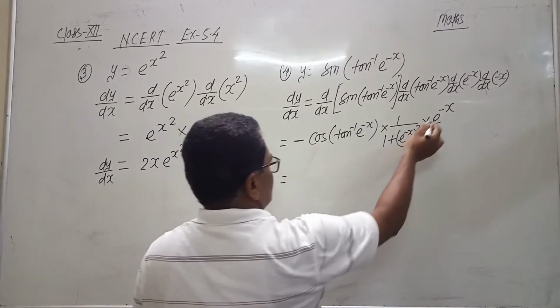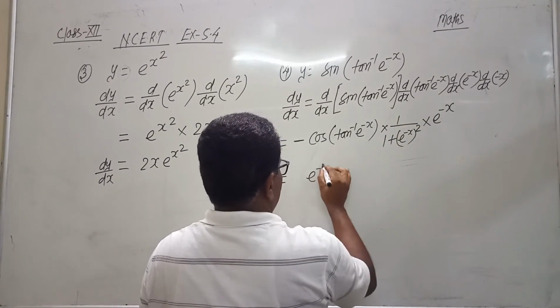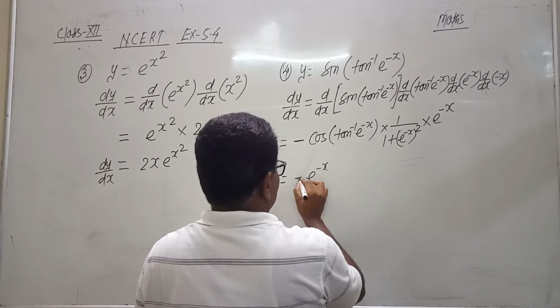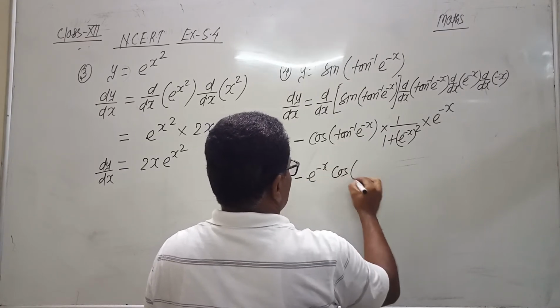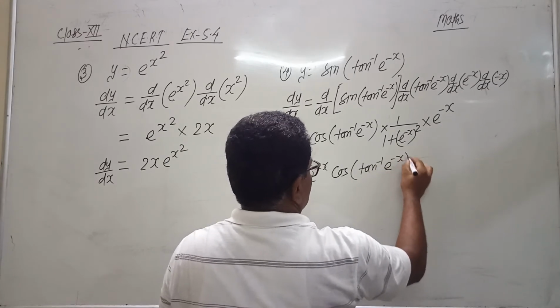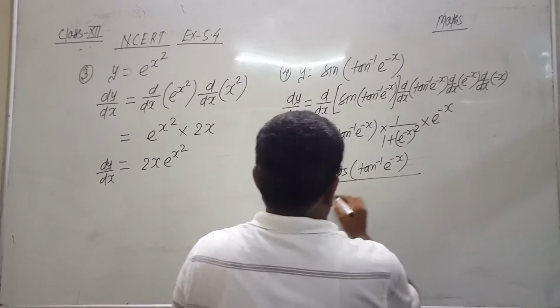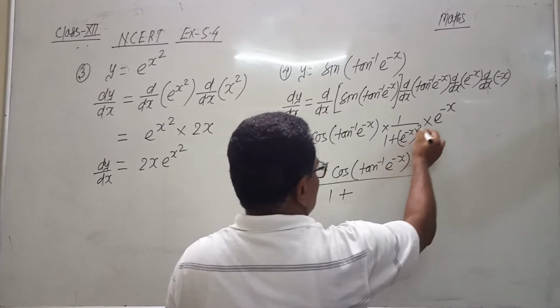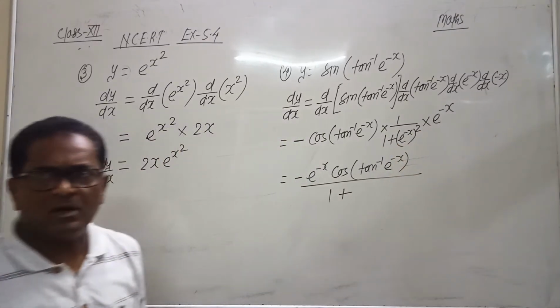So the result comes e raised to the power minus x, and minus outside, cos tan inverse e raised to the power minus x upon 1 plus e raised to the power minus x the whole square.